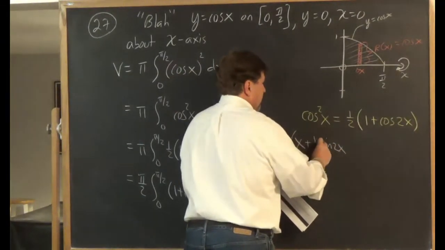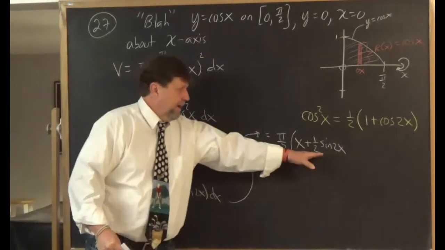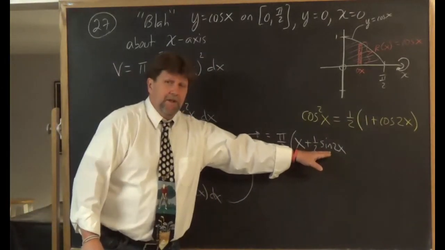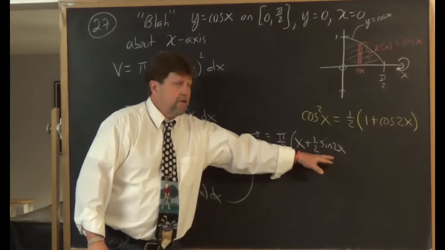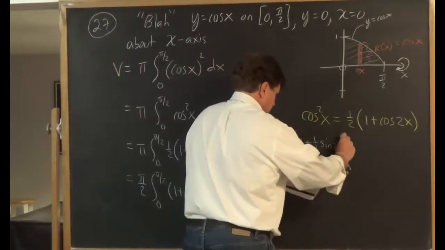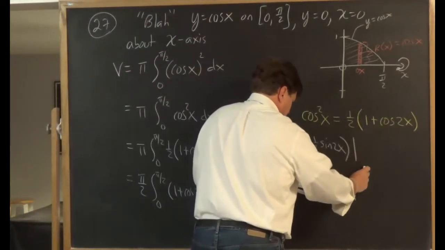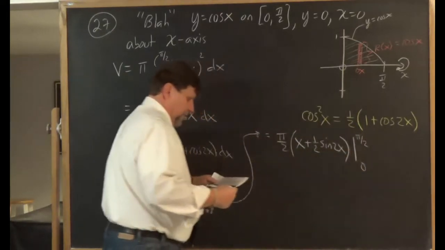And then we have to remember to put a 1/2 in front. So remember, if you were to differentiate this, you'd have to use the chain rule. The derivative of 2x is 2. So you have to neutralize that. Evaluate this from 0 to pi over 2.